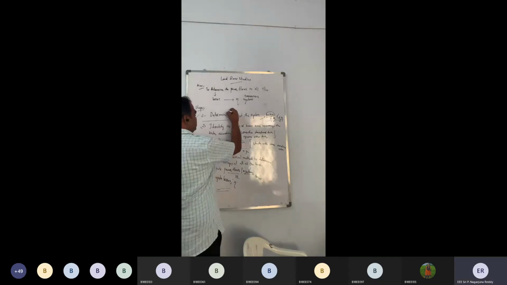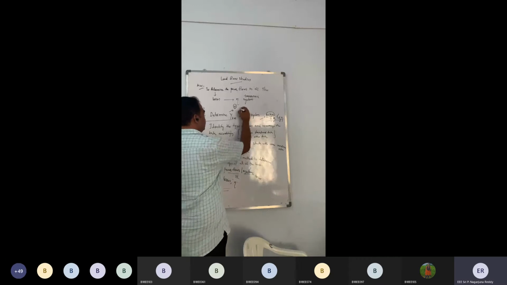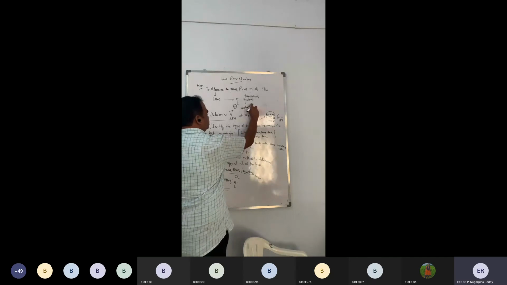And particularly, for those who are going for competitive examinations, in interviews they will be asking, why direct inspection method? In which cases can the direct inspection method not be employed? It cannot be employed when you have mutual admittances, or mutual coupling between the elements.